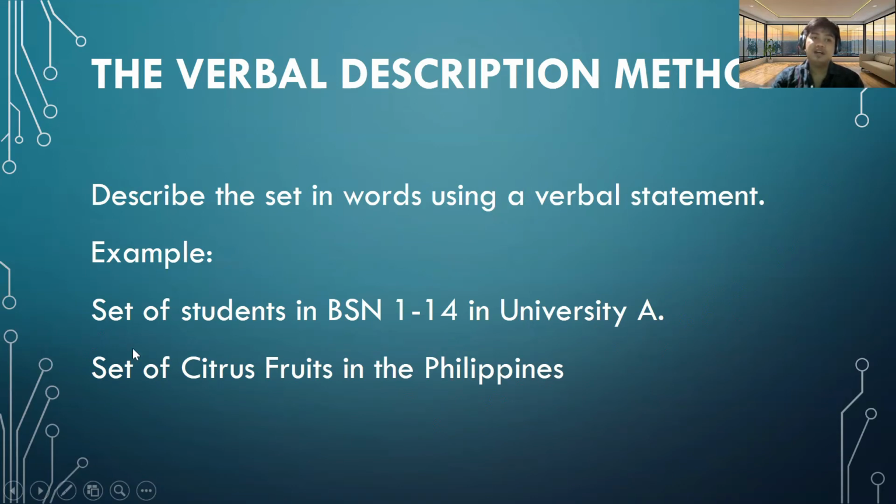For example, the set of students in BSN 114 in University A. We describe a particular set of students who belong to this particular section in this particular university. And then the set of citrus fruits in the Philippines. The members here are the fruits that belong to the citrus category. So we're just going to describe the particular set using a verbal statement.